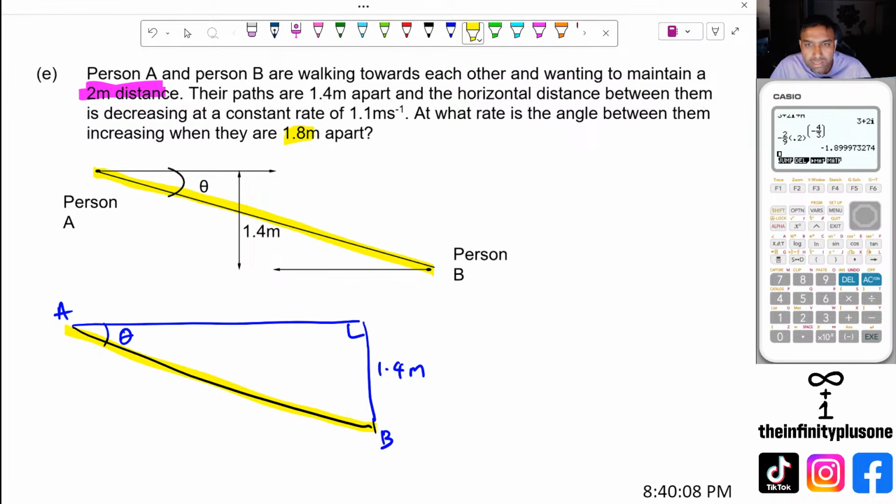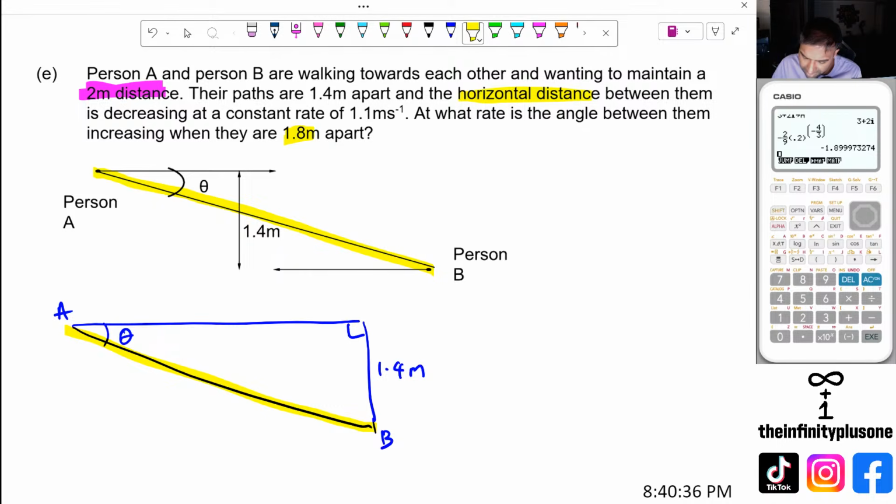Now, what we know is the horizontal distance between them. That is dh dt. It's really weirdly worded, eh? Because I think the horizontal distance is the yellow part.